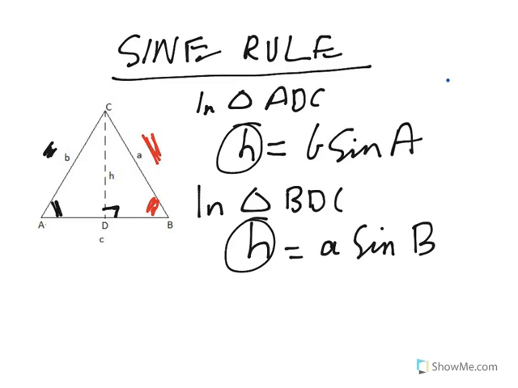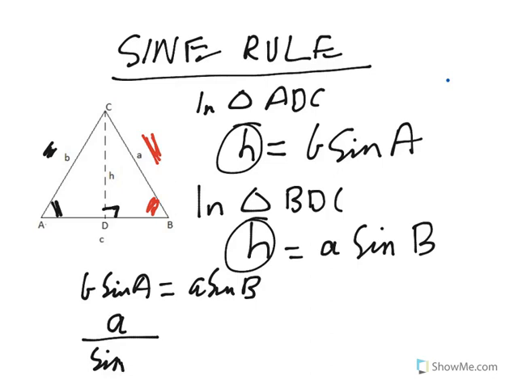So that tells us that b sine A is equal to a sine B. And if we do a bit of a rearrangement and write it as you would normally see the sine rule written, you get a over sine A equals b over sine B. Alright, and basically that's it, that's the sine rule.